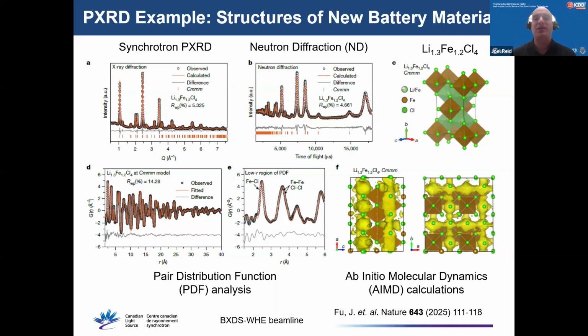So when you have lithium in the presence of heavier elements, you generally need a combination of techniques to get the full picture of the structure. In this case, we've combined the synchrotron diffraction with neutron diffraction, PDF analysis, and ab initio molecular dynamics calculations. And these illustrate the channels through the material that enable the lithium transport.